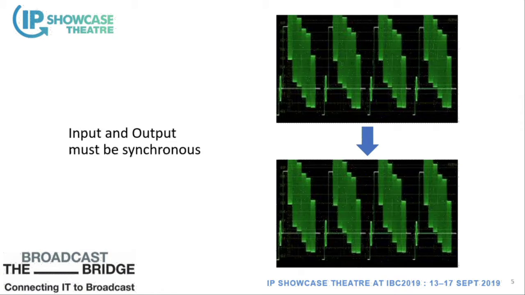The camera is sampling the picture 50 times, 60 times, 59.94 times a second, and the video display is showing those samples, in lockstep with the camera. It's been that way since the 1930s, and it'll probably stay that way for the foreseeable future. But the whole point is we're taking a synchronous system, and we're making it work on an asynchronous system.